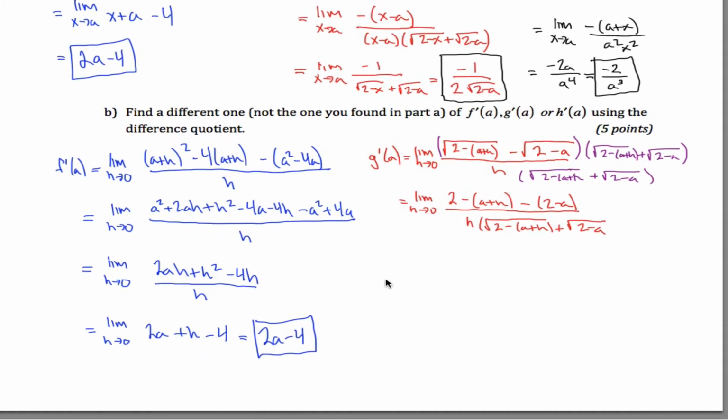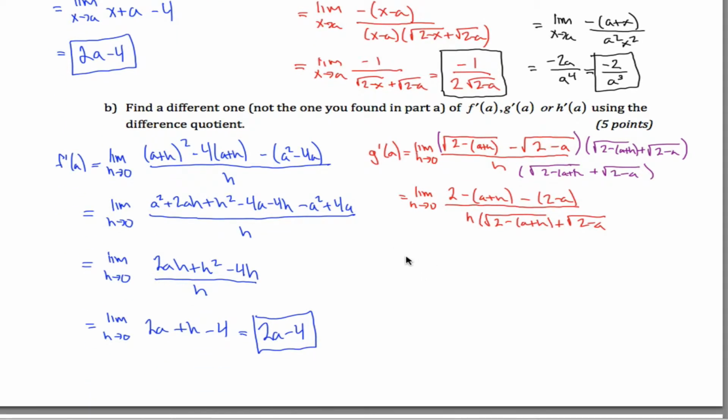But what you'll see is the numerator, things are going to cancel out nicely, as they always do. If I distribute the negative signs through, I get 2 minus a minus h minus 2 plus a. So the 2 and the minus 2 cancel out, the negative a and the plus a cancel out, and all that I'm left with is negative h divided by h over this junk.